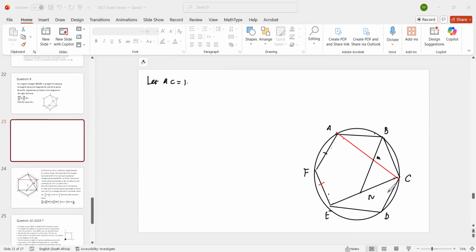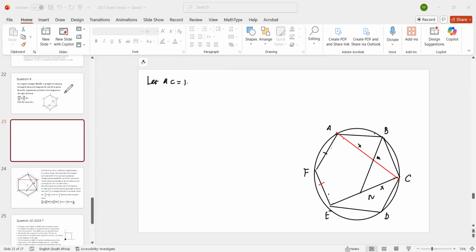And we said that CN over 1 is equal to AM over 1. So this is X there, and this is X here. And that was the thing that you needed to calculate. AM over AC, I think we had, is X. But if I call this AC 1, then this becomes X by itself. Okay, now we need to calculate this.